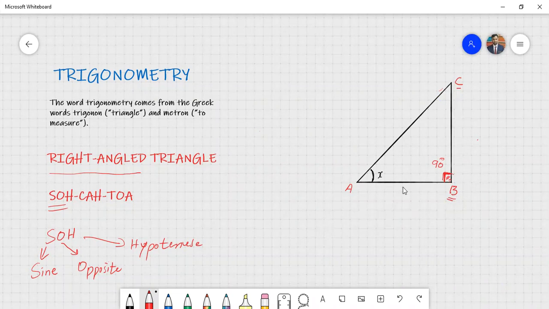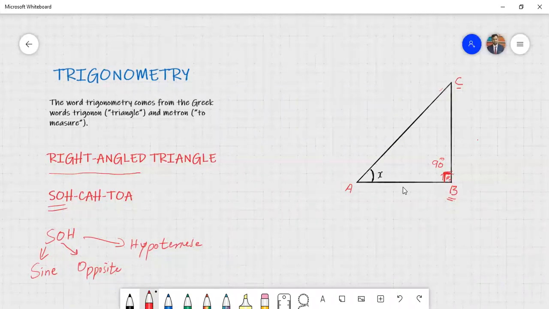Look here, there are two angles. One is the 90 degree angle and the other is X. I didn't write the exact angle here, so I expressed it as X. This is a basic angle, you can say.